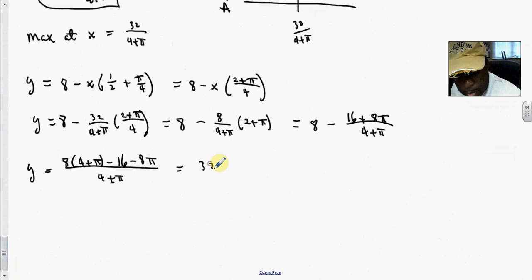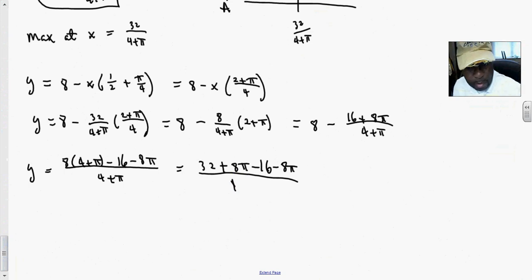So we get 32 plus 8 pi minus 16 minus 8 pi all over 4 plus pi. The 8 pi's cancel.